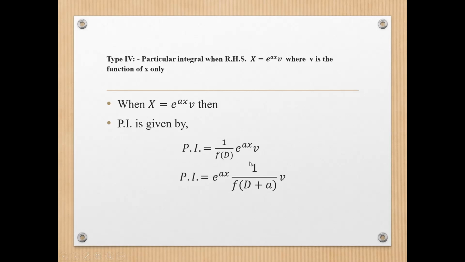Here e raised to ax into phi is on the right side of this fraction 1 upon f of D. Now we have to apply e raised to ax first. See how to apply it here. Take e raised to ax on the left side of this fraction 1 upon f of D, and when we take e raised to ax on the left side of that fraction, we have to replace D by D plus a.